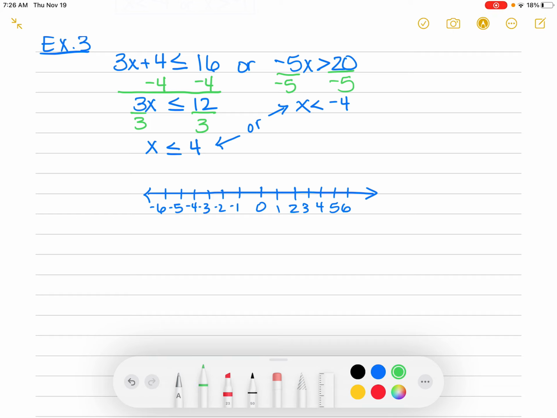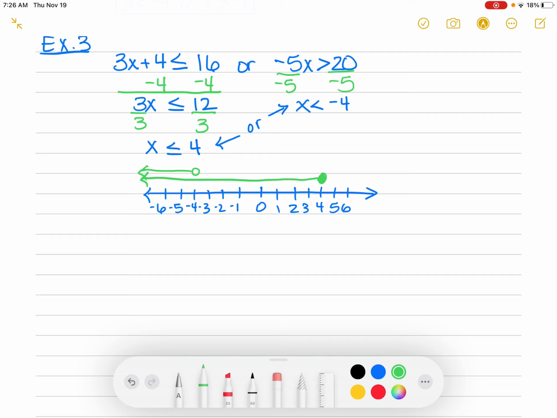Okay, now let's go in there and do some work. So this is x is less than or equal to 4. That's right here. And the other one is x is less than -4.